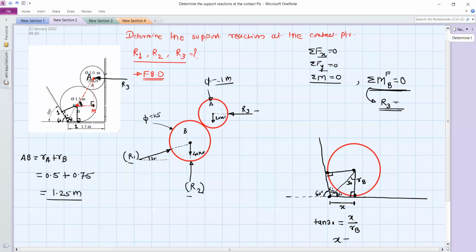So x is equal to RB, which is 0.75, into tan 30. So x distance is equal to 0.43.